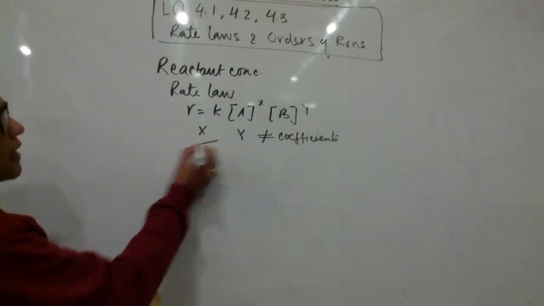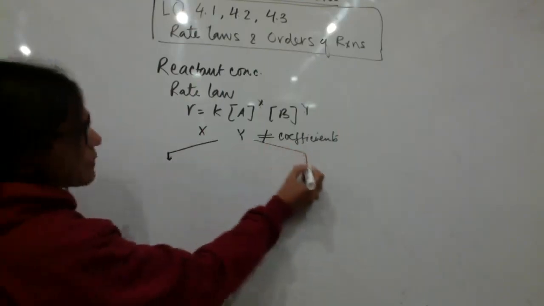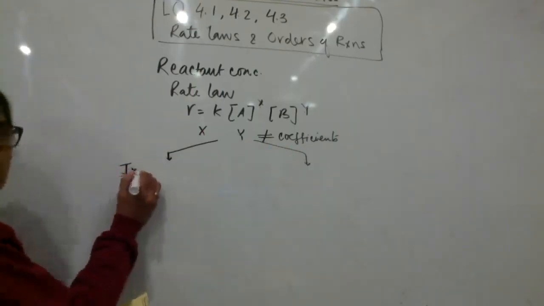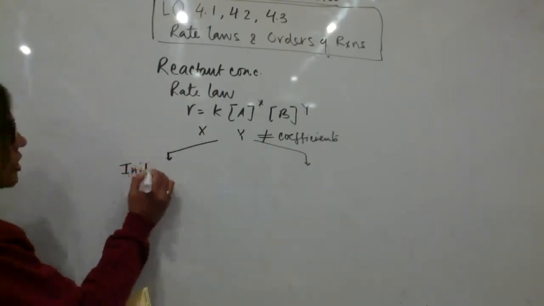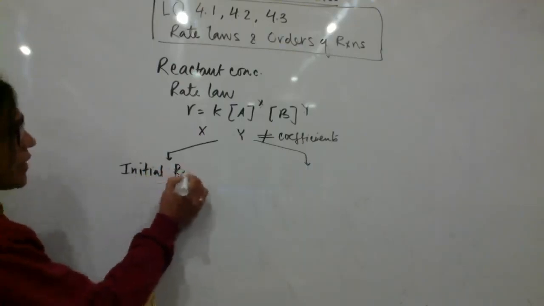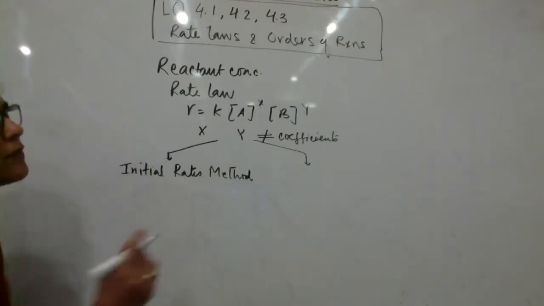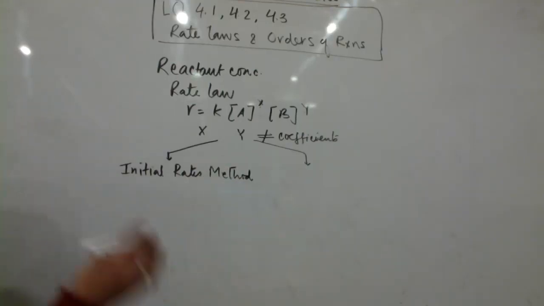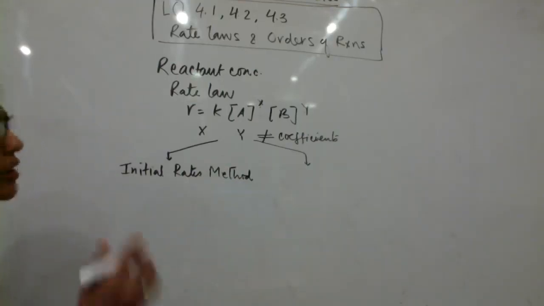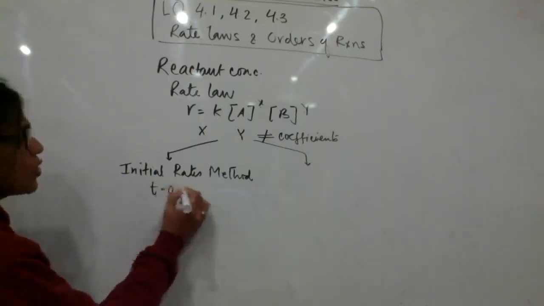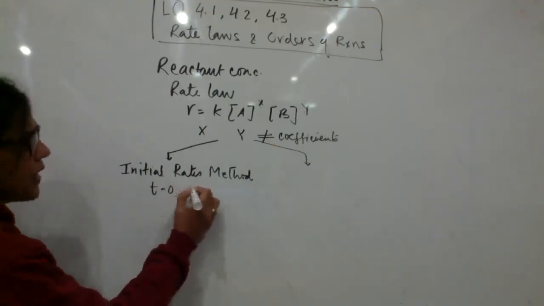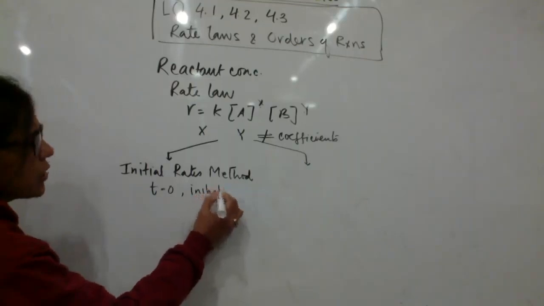And there are 2 ways you can do experimentation. You can use initial rates method. In initial rates, you take different concentrations, but you always measure their rate at t is equal to 0 time. And that is why it's called initial rate.